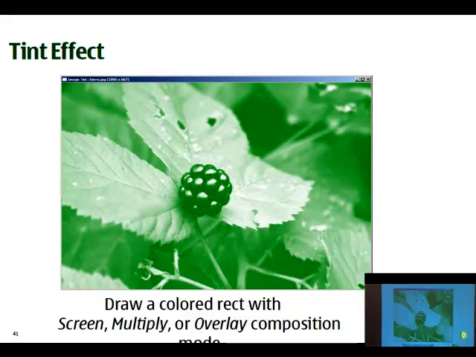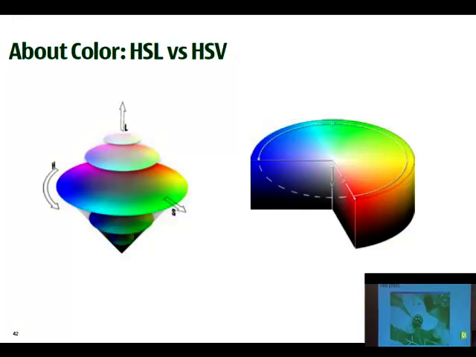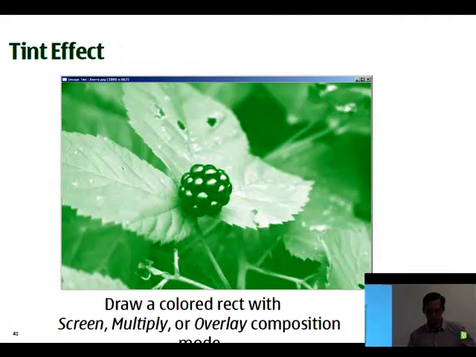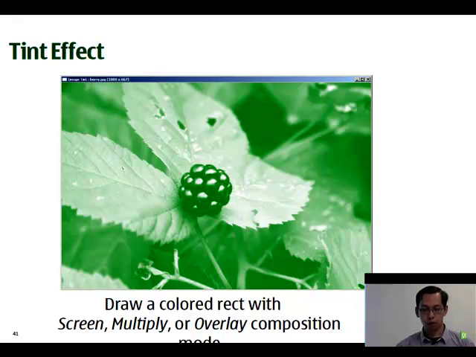The effect is like that. You change the image from this into something like that. Of course, you can tune the color there. It doesn't need to be green. So that's about QPainter composition mode.